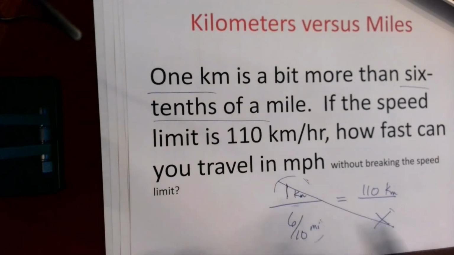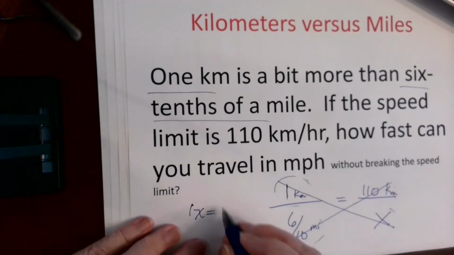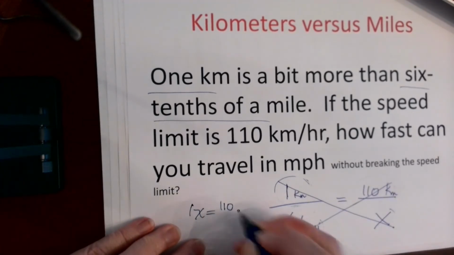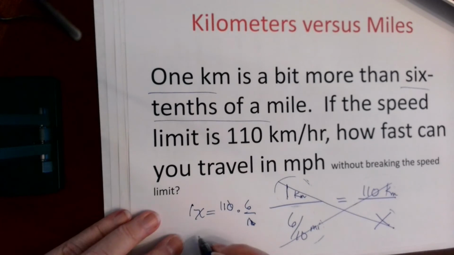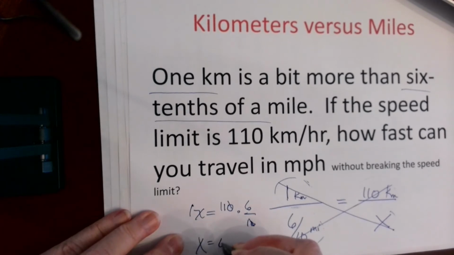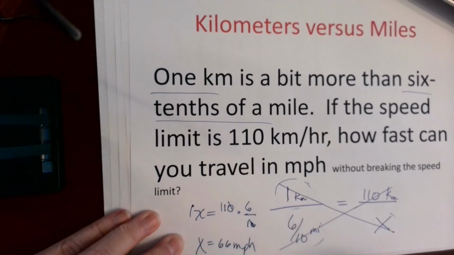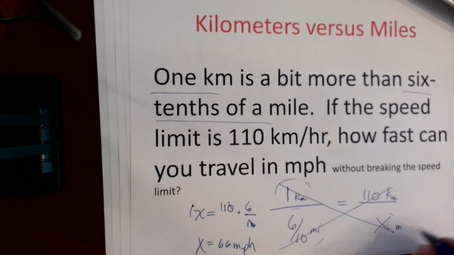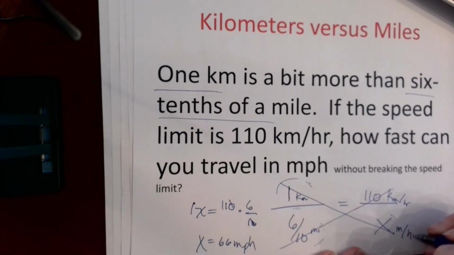And then I cross multiply 1 times x, cross multiply this way, 110 times 6/10. The tens and tens cross out, so x is 66 miles per hour. This was kilometers per hour, this is miles per hour.